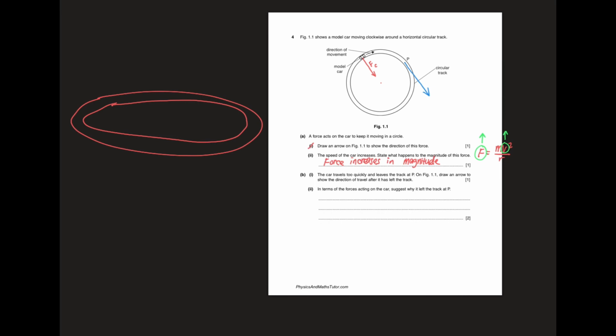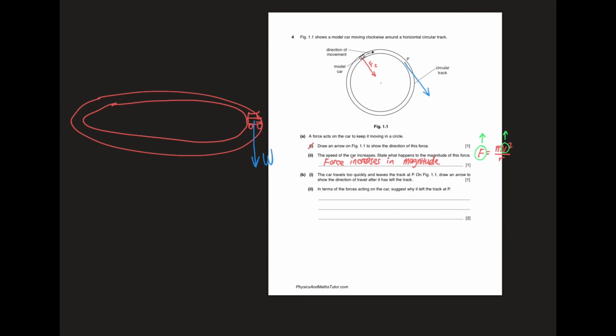So the car is here. The weight is, okay, let's say I make the car at the side, easier. Okay, the car is at the side here.